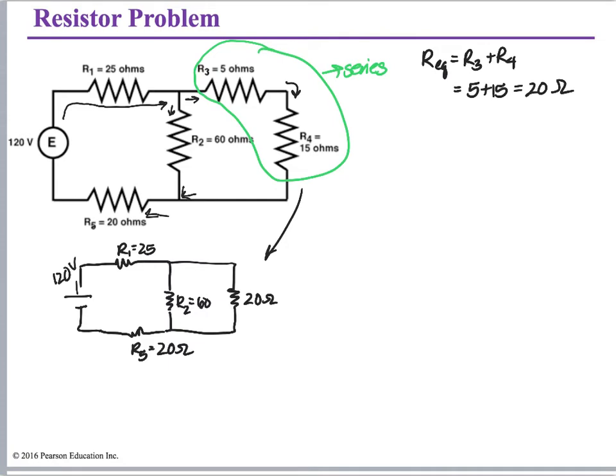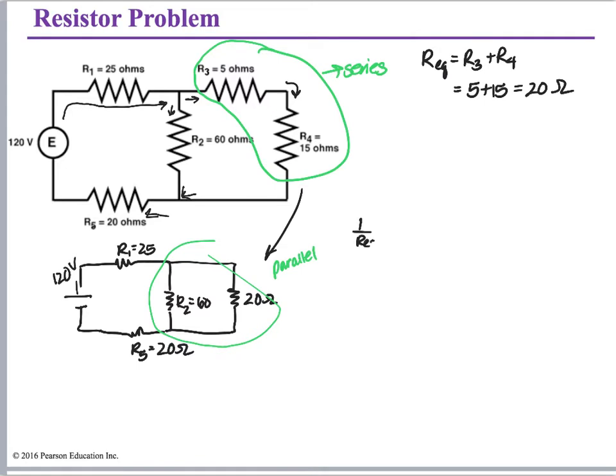Okay, so the next thing we want to do is take the two that are in parallel with each other and break those down. And so we want to add those together.